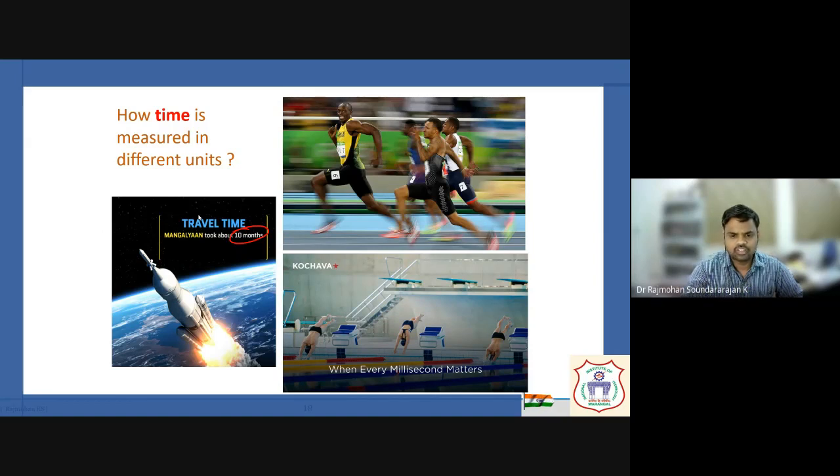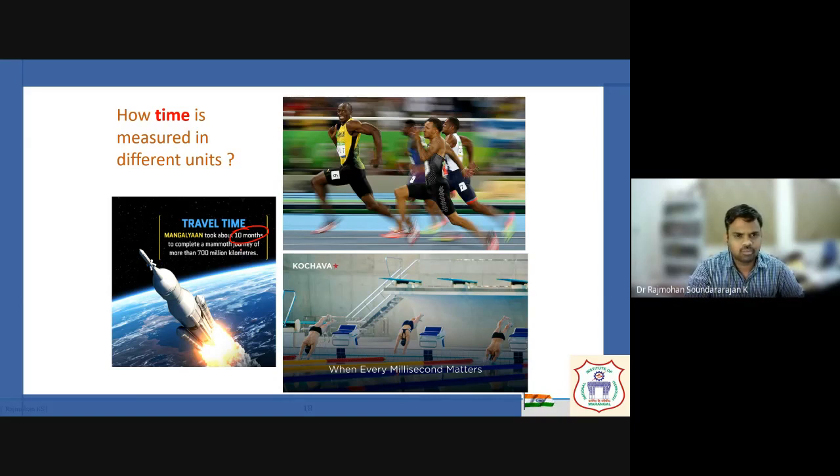For example, in swimming, every millisecond is important because the winner beats the other person by milliseconds. Here, from Usain Bolt, you know that every fraction of a second is important. So we can express time in milliseconds, in minutes, or even in terms of months, because that much time it takes, right? It takes 10 months to complete the mammoth journey of more than 700 million kilometers.